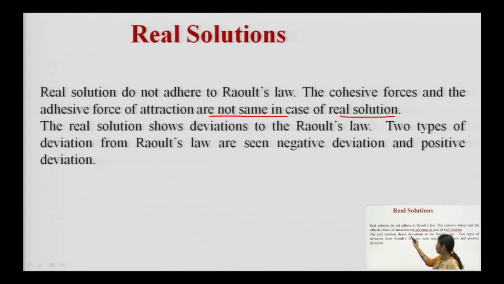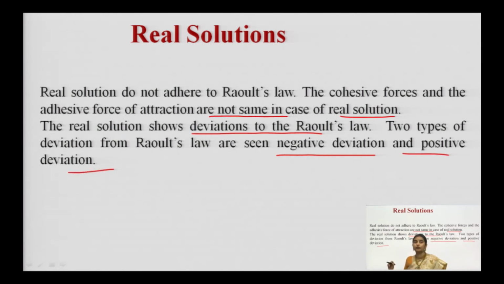So, two types of deviations are seen: one is negative deviation and one is positive deviation from Raoult's law.